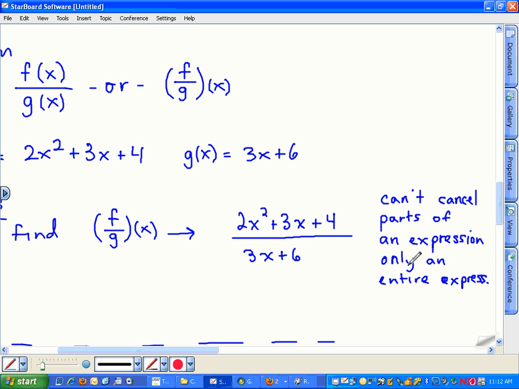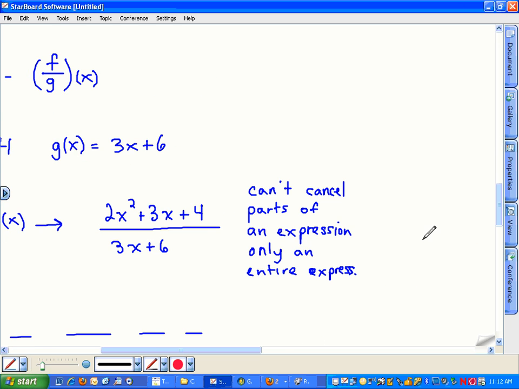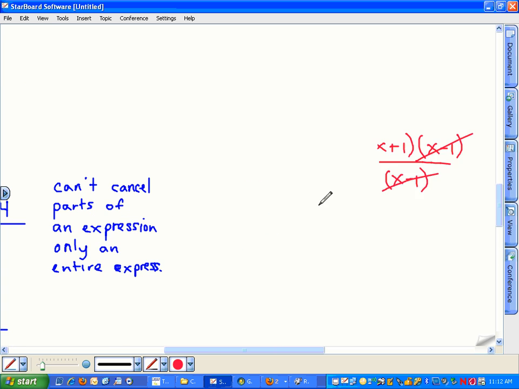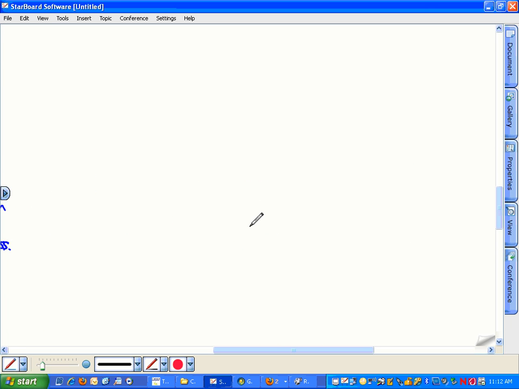Okay? What I mean by you can only cancel entire expressions, later on in Unit 9, you guys are going to see a problem like this. I want you to look at it, but you don't really have to write it down. So far, so good?